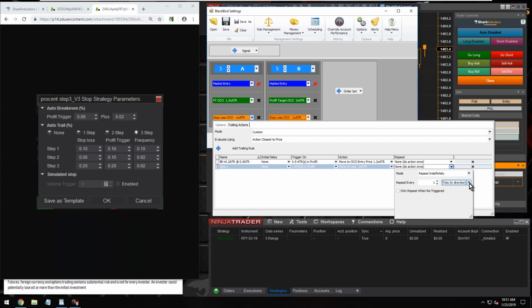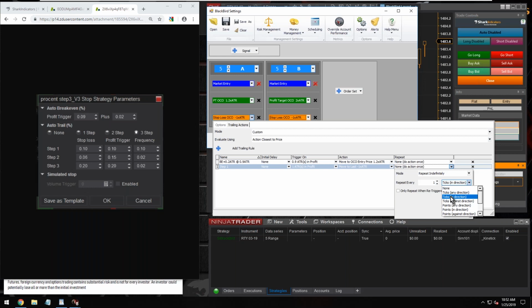And keep in mind that ticks and pips are really the same thing. It's just a difference in terminology, right? A tick is the smallest unit of movement that price can move, and the same thing with a pip. So for Forex, a pip is the smallest movement that you can trade in for Forex. So ticks and pips are the same.